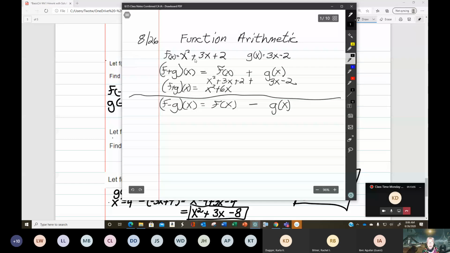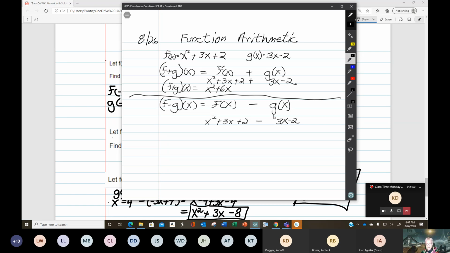So all I have to do is copy them from up here. f of x is x squared plus 3x plus 2, and I'm going to subtract 3x minus 2, but if I do it like that, I'll get the answer wrong.